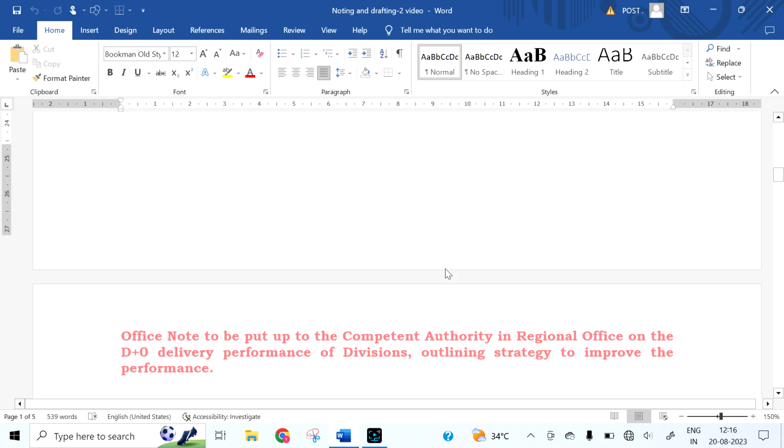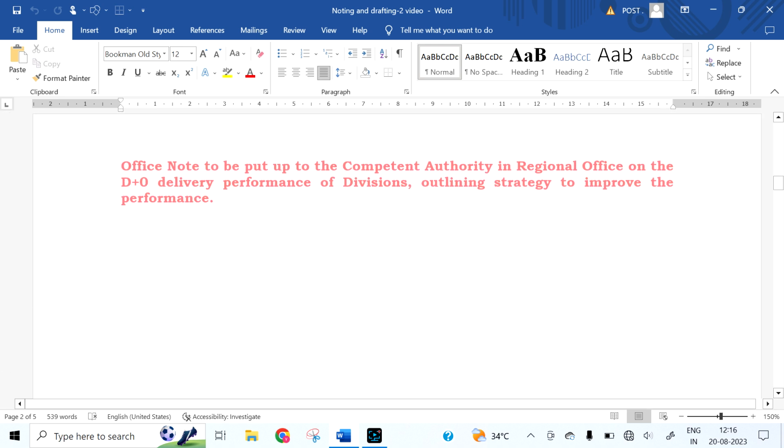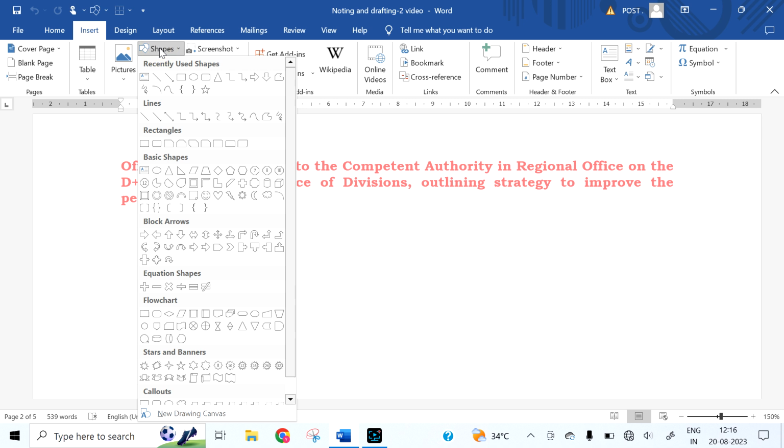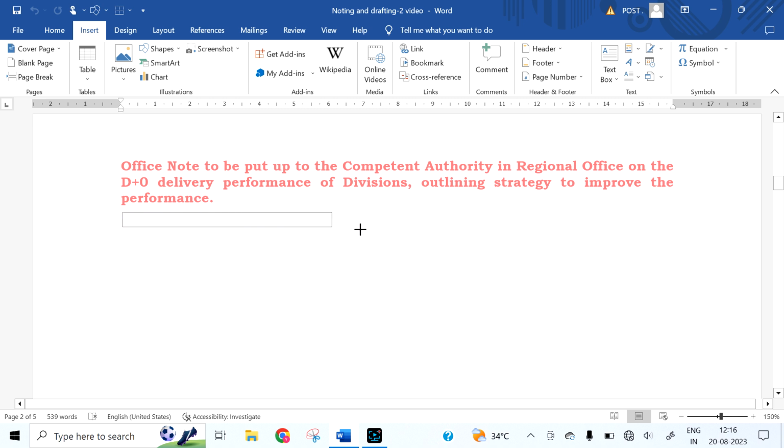So now you are OA in a regional office, and in a Word document, how do we do it? Generally, you go to the Insert tab, then to Shapes, and from the basic shapes you take the text box.